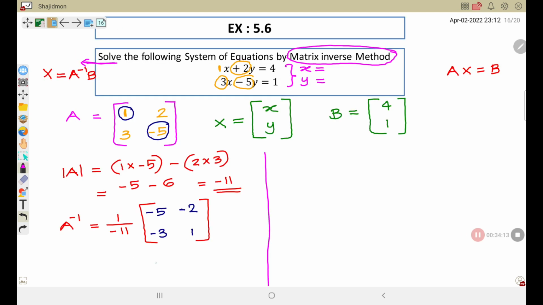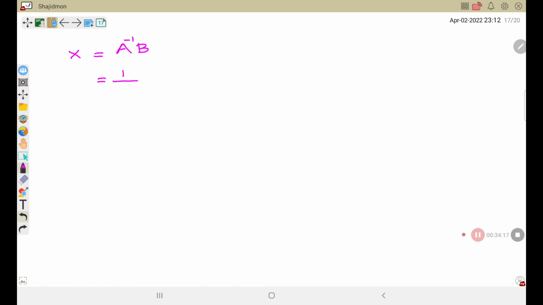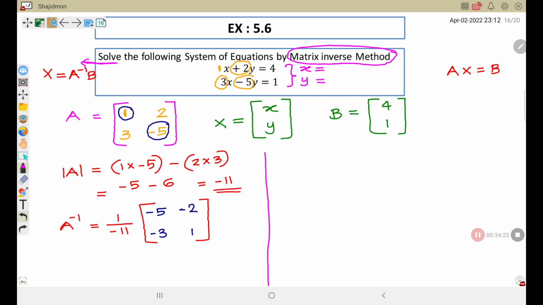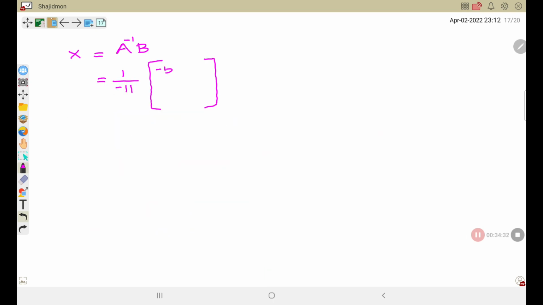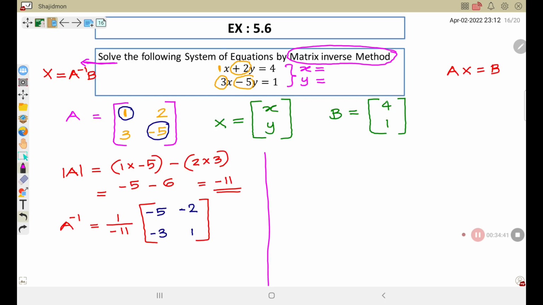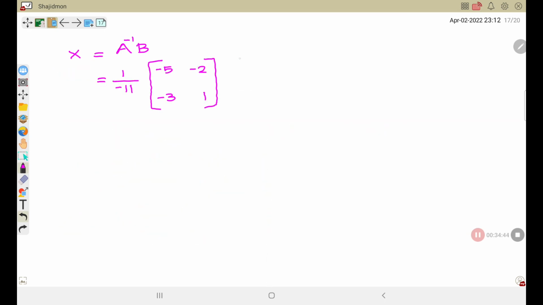We already found it here: 1 over minus 11 multiply the matrix minus 5, minus 2, minus 3, 1. Now multiply the B matrix. What is the B matrix here? 4 and 1, a column matrix. So column matrix 4 and 1.